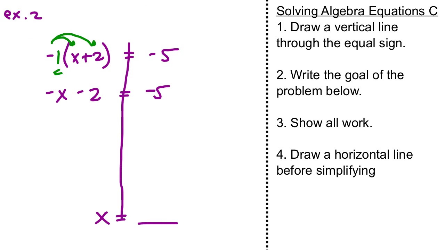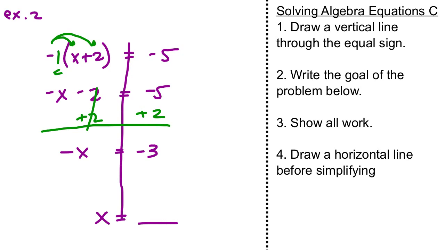Okay. And so now we want to add 2 to both sides. So add 2, horizontal line, and simplify. Okay, notice we get that negative x is equal to negative 5 plus 2 is negative 3.